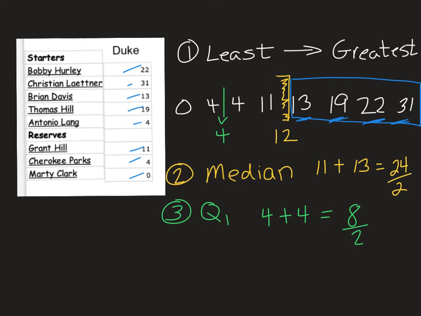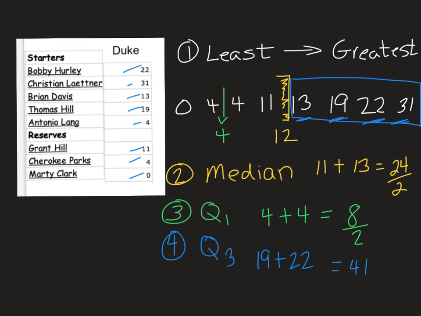So now to find our upper quartile, or our Q3, we're going to have to do the same thing that we did before, where we're going to have to add the two numbers in the middle. In that case, it's going to be 19 plus 22, which gets us 41.